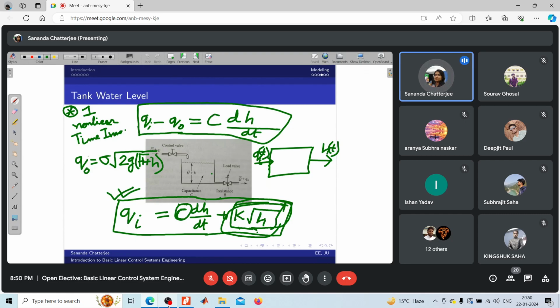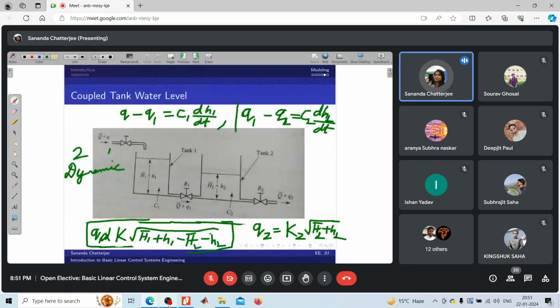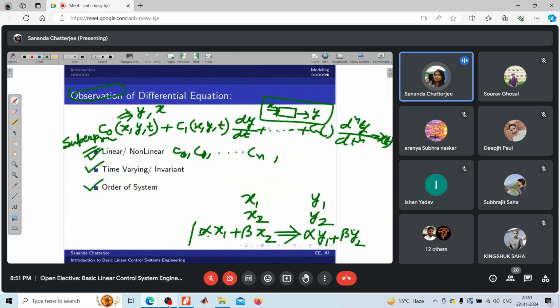Therefore the model of the rocket will also be a time varying model. Do you agree? So it will reflect in the coefficient of the differential equation, and that will be an explicit function of time.